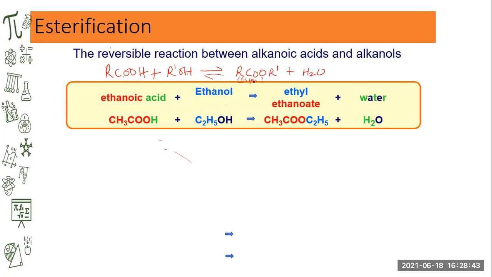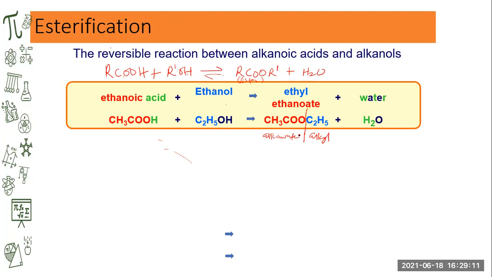Now in naming them, it's different. You name by splitting into 2. I will name the first one as an alkyl group, while I will name the second one as an alkanoate. So you can see here I have the 2 carbon alkyl, that is ethyl, and I also have 2 carbon on the other side, ethanoate.